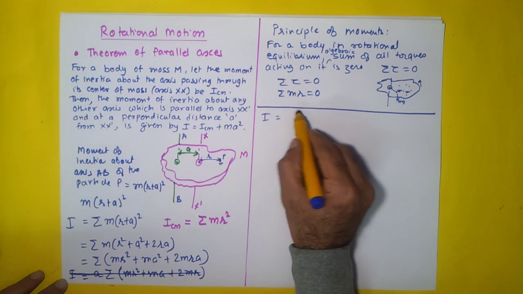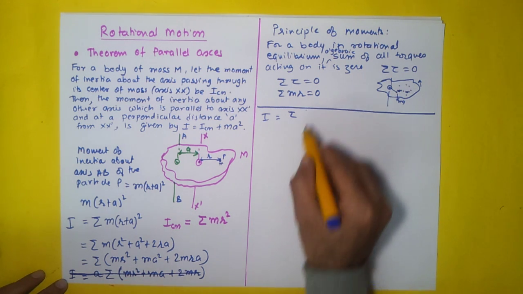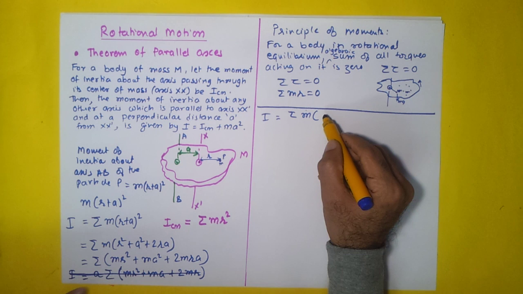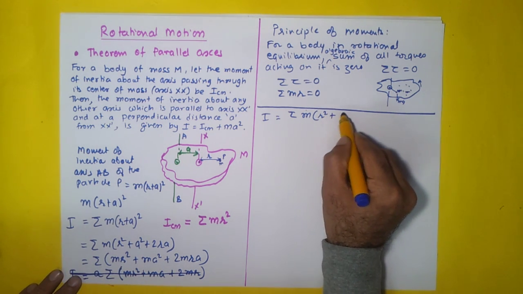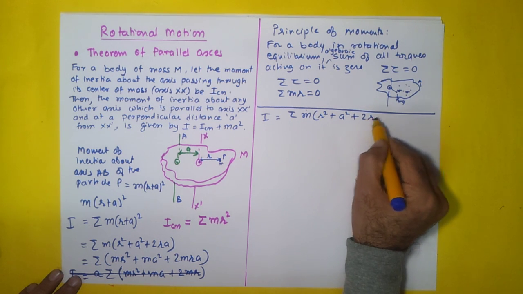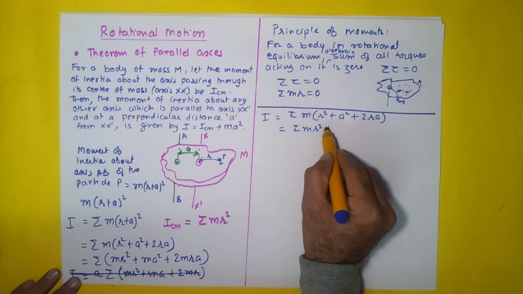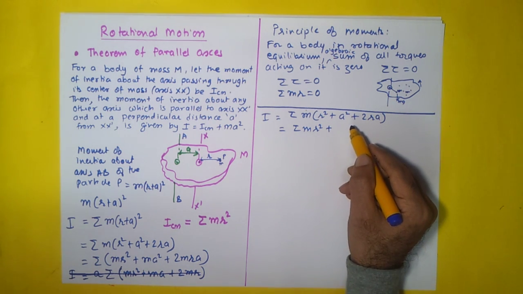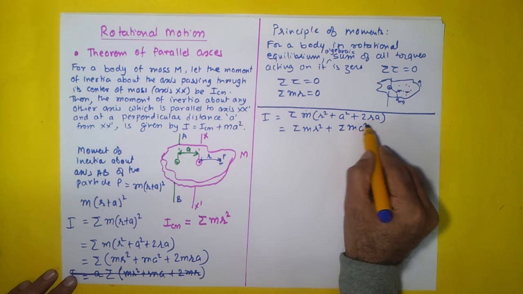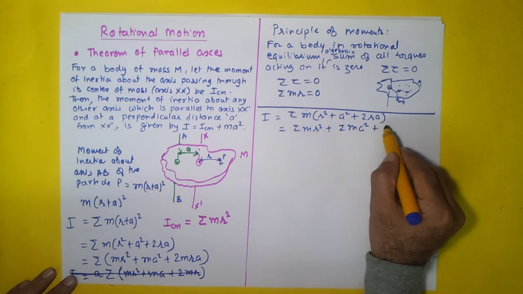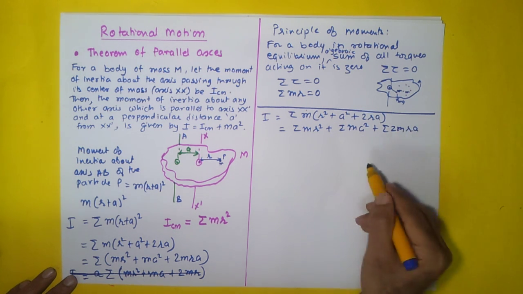In this case m is common, so I can take m out of the equation, not a. So sigma m into r square plus a square plus 2ra, and therefore I'll get sigma mr square plus sigma ma square plus sigma 2mra.